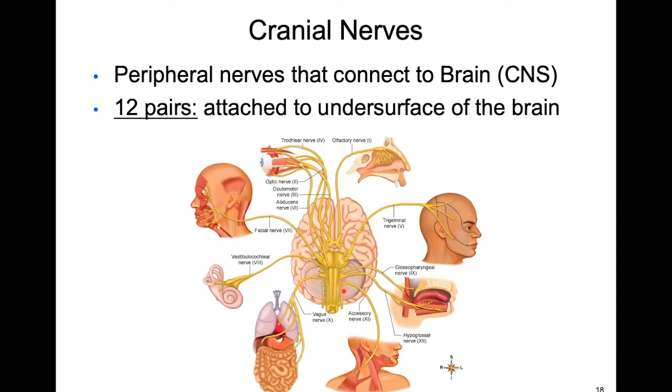Cranial nerve 11 is the accessory nerve, and the accessory nerve innervates the sternocleidomastoid muscle as well as the trapezius, allowing us to control head and neck movements. And the hypoglossal nerve, which is cranial nerve number 12, is a motor nerve, which contains only motor neurons that innervate the tongue and allow for us to be able to control movements of the tongue, such as when we're eating and trying to create that food bolus, or when we're talking.